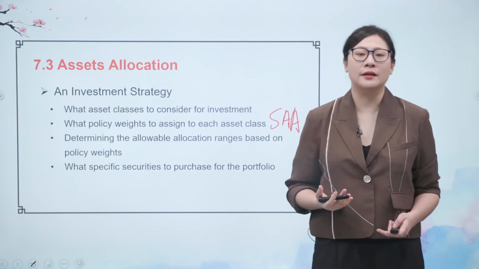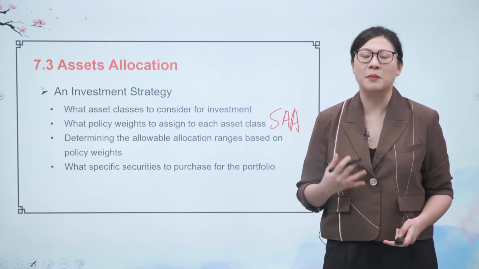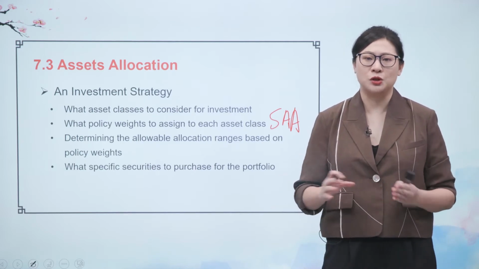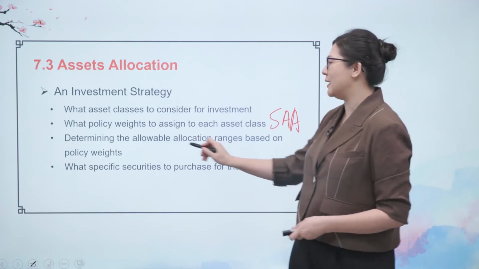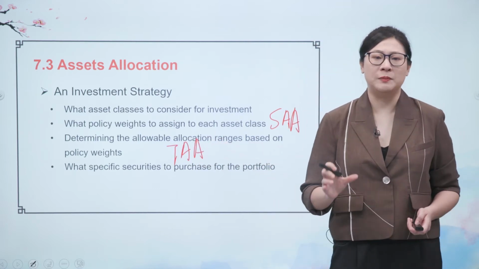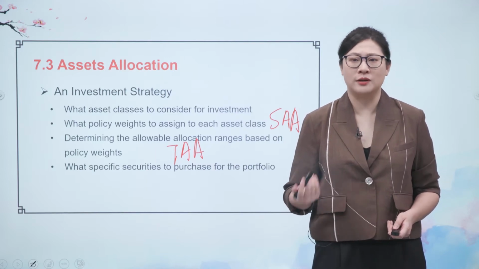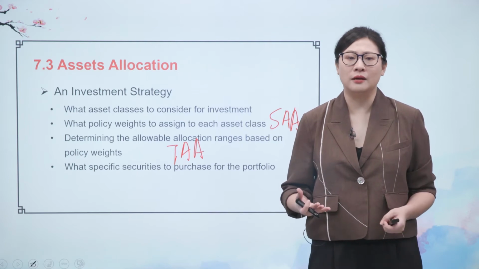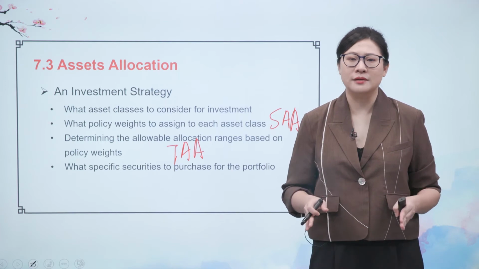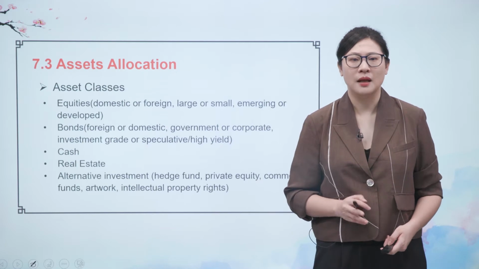The third one is to determine the allowable allocation range based on the policy weight, and then you can make some adjustments between different asset allocations. That's the TAA. And the last one is what specific securities to purchase for the portfolio. That's the security selection. So finally, you need to decide, within the asset class, which specific securities you want to invest in.